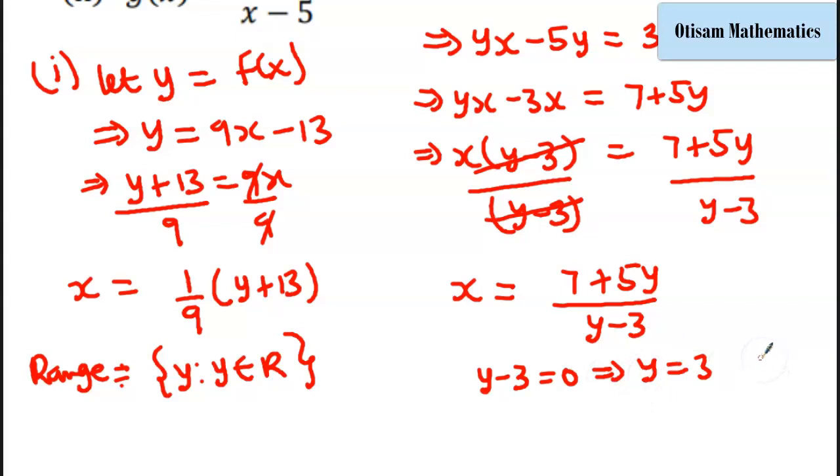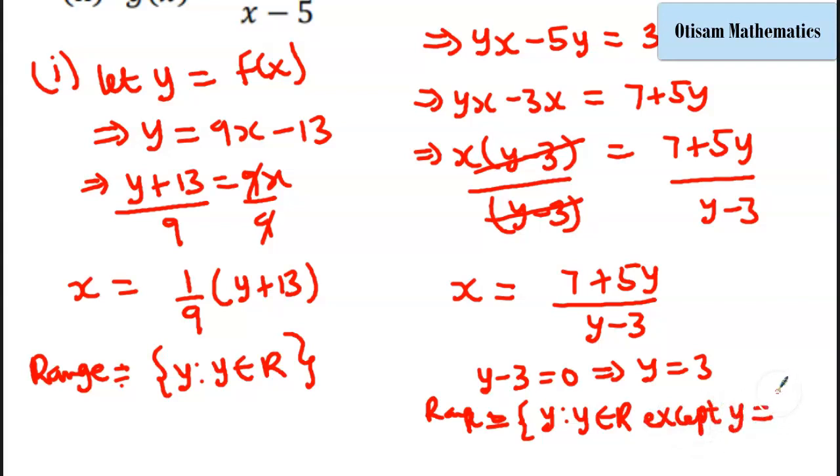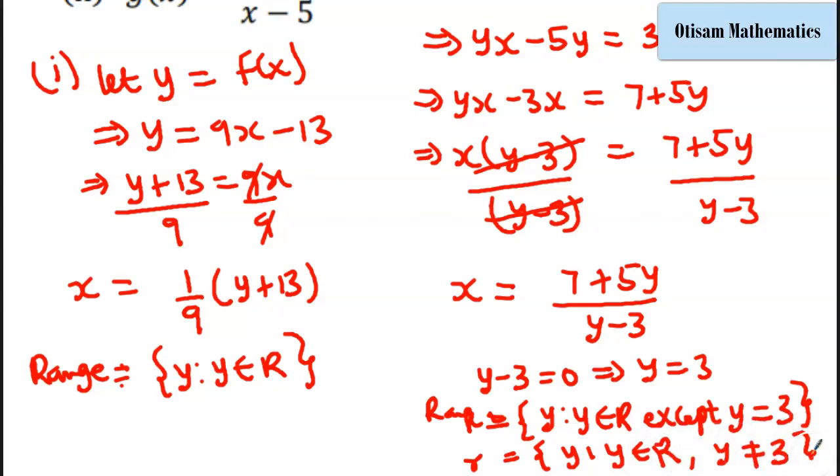So we take 3 out. The range will be y such that y is a real number except y equals 3, or y is a real number such that y should not be equal to 3. Either way is accepted.